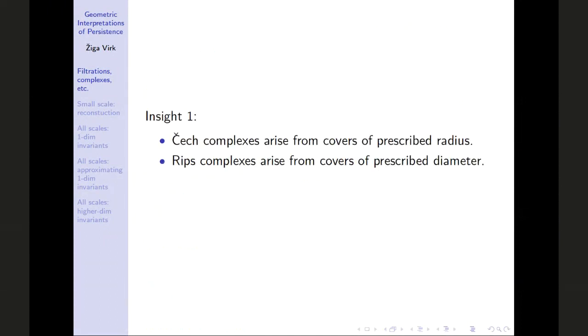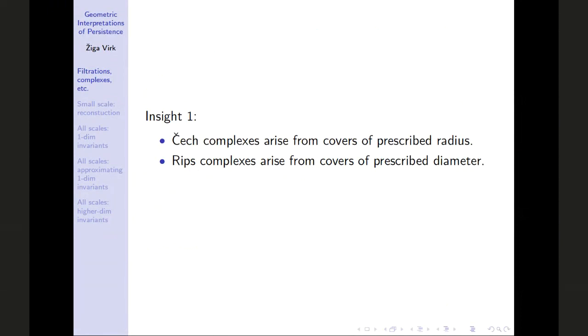So an insight, if you make a statement that you want to remember: Čech complexes actually arise from covers of prescribed radius, and Rips complexes arise from covers of prescribed diameter. So in a way, both complexes are very natural. The only difference is that Rips complexes are usually defined in terms that make them easier to define, just with those flag conditions.